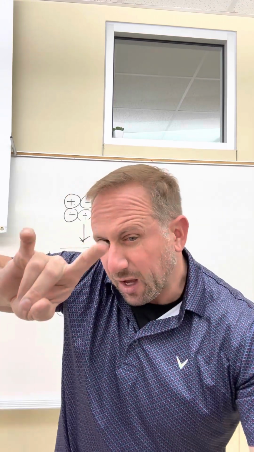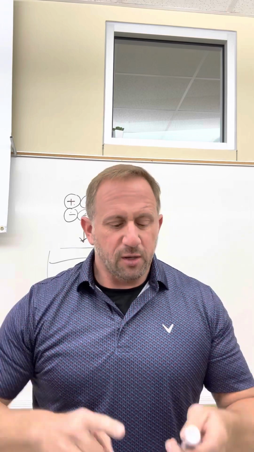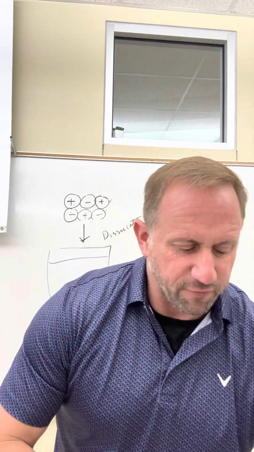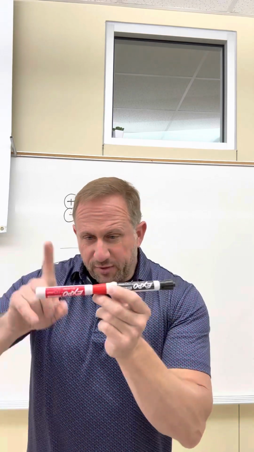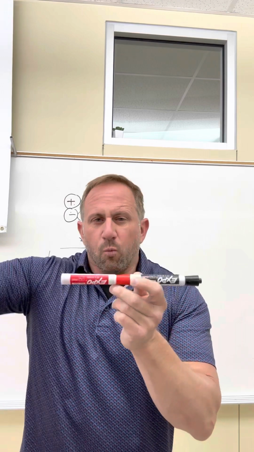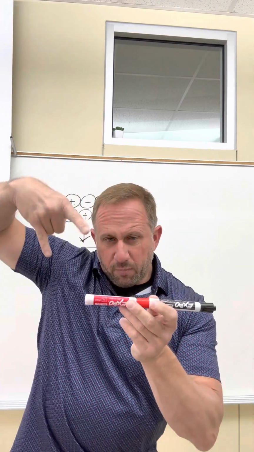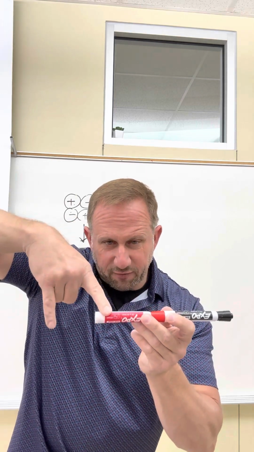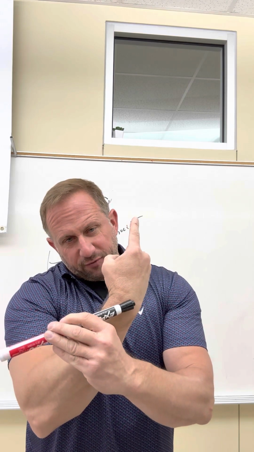But then the positive side of water, which we're going to come back to when we do VSEPR and talk about why it's polar, is going to come over. So imagine if this is an ionic compound, this is the negative side, this is the positive side. This gets dropped into water, water comes by, the positive side attracts to the negative side. The negative side, the oxygen, is going to attract to the positive side.